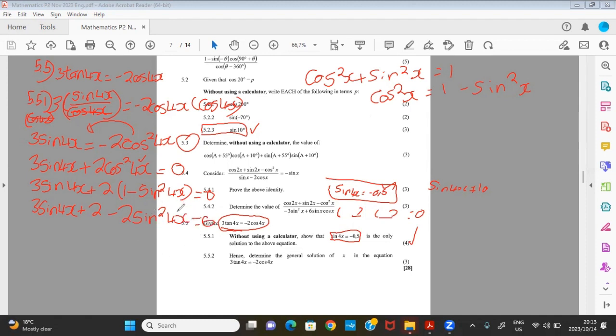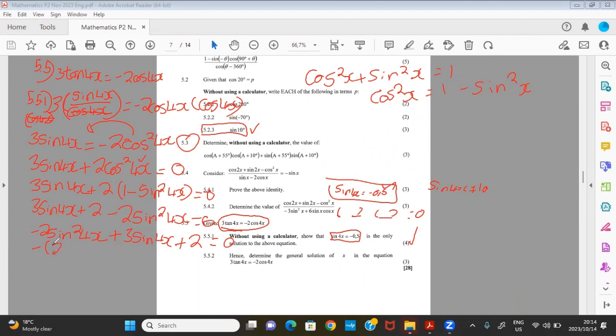Ne? Then I want to show you guys something. So look, I have minus 2 sine squared 4x plus 3 sine 4x plus 2 is equals to 0. So already I'm seeing a trinomial.